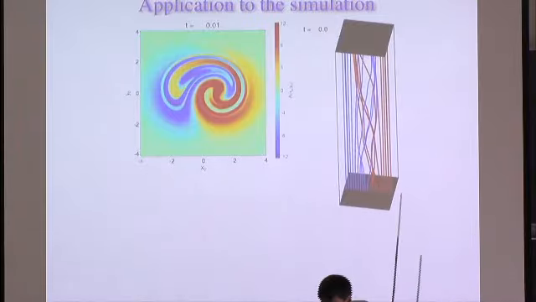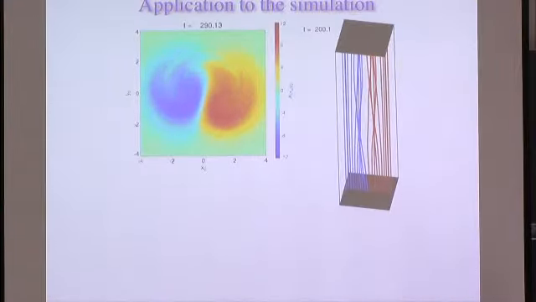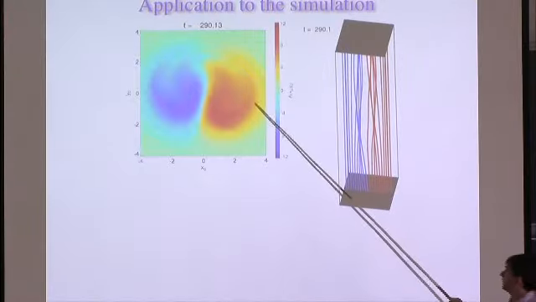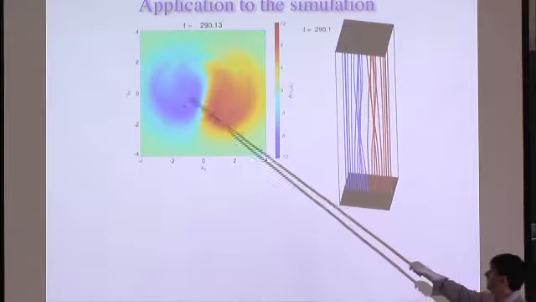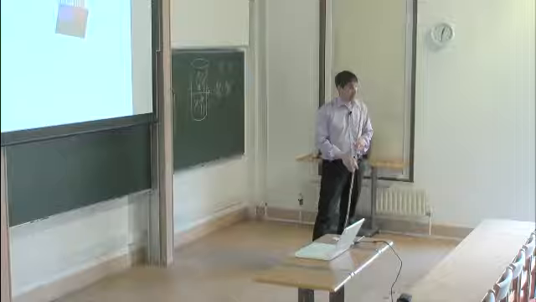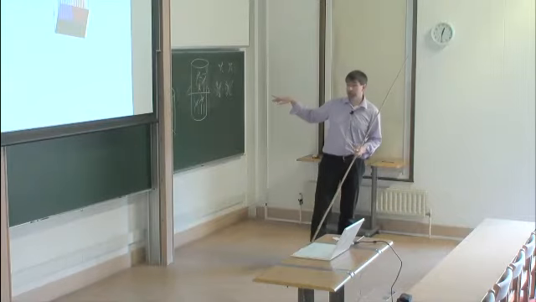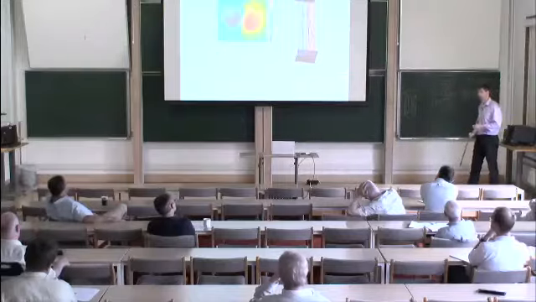And in the process of relaxation, all these small scale structures disappear and you are left with one big blob of positive and one big blob of negative. Are there reconnections happening here? Yes, lots of them. The same process as I showed you before in this movie where you saw these turbulent currents.